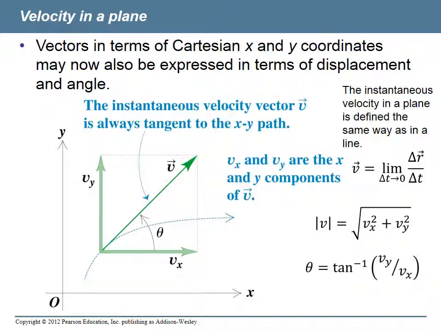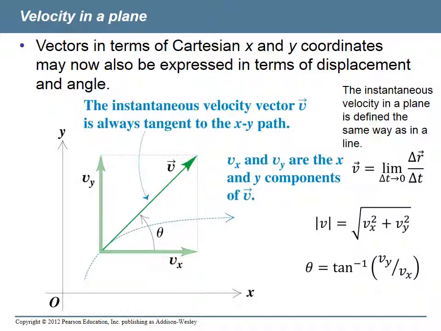And that's equal to the square root of the sum of the square of the x component as well as the square of the y component. This comes from the Pythagorean theorem, basically, because if we have our velocity vector here, v, using trig we can break it into an x component of velocity as well as a y component of velocity. If I were to take these vectors and add them together, maybe take the y component and draw it right here on top at the head of the x component, the resultant would be this velocity vector.